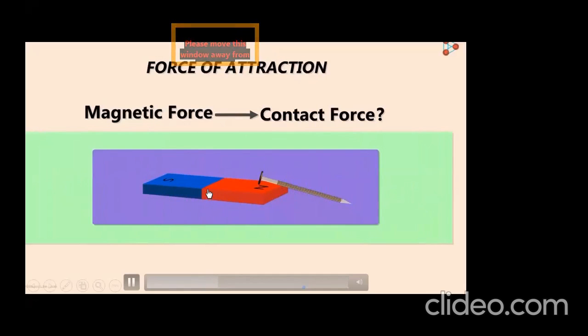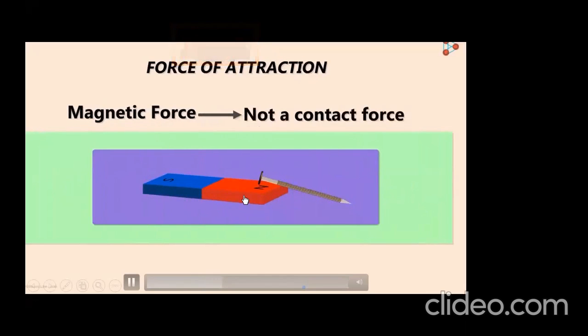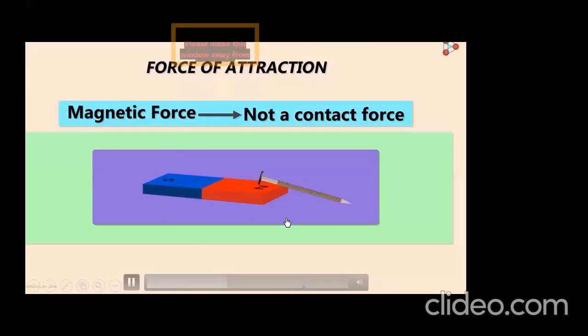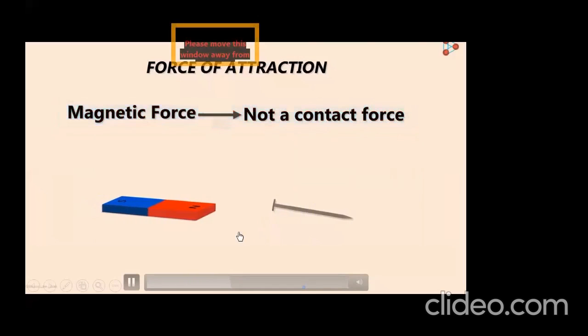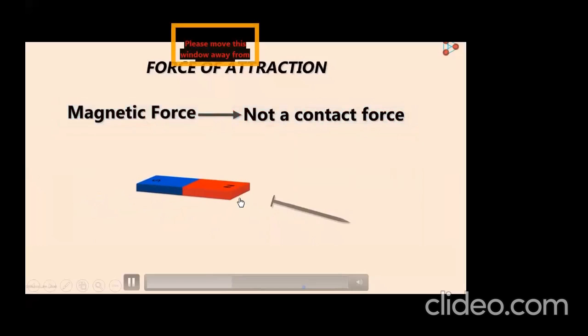You can see that the iron nail attaches itself to the bar magnet due to the force of attraction between these two objects.